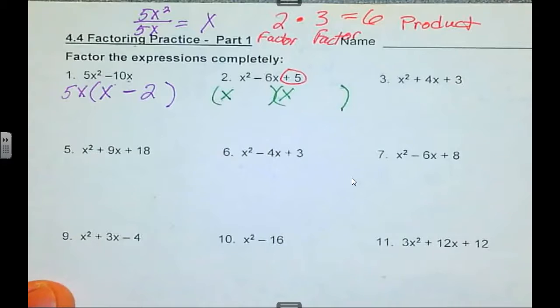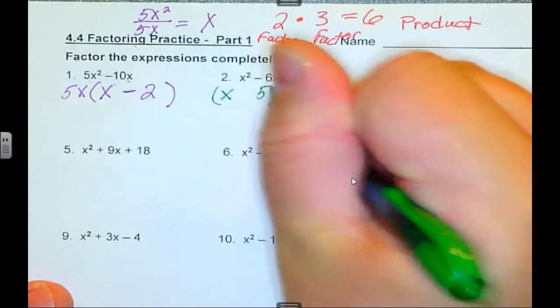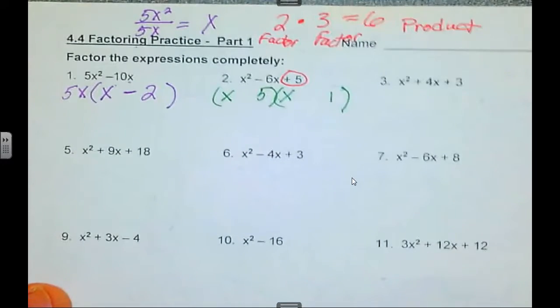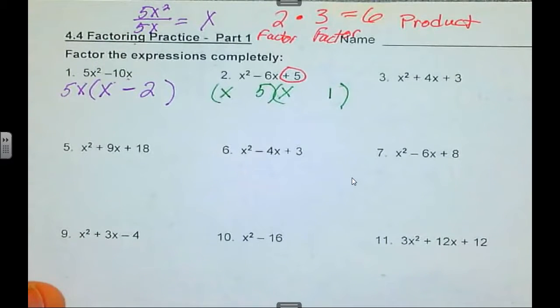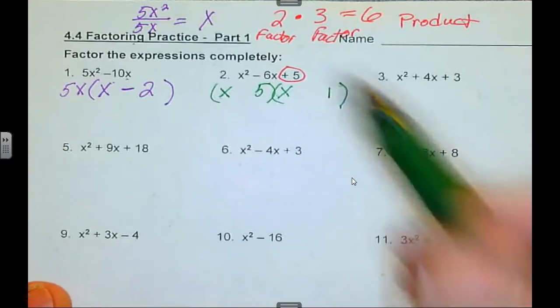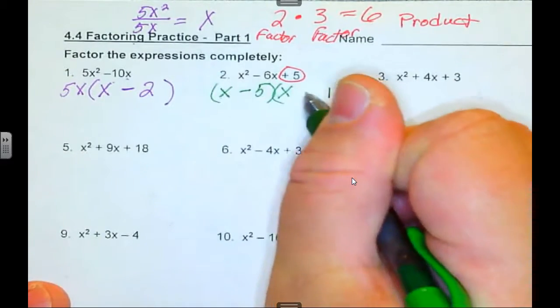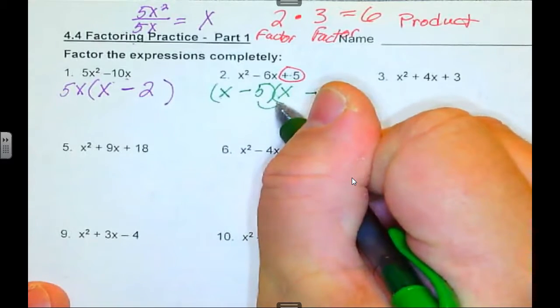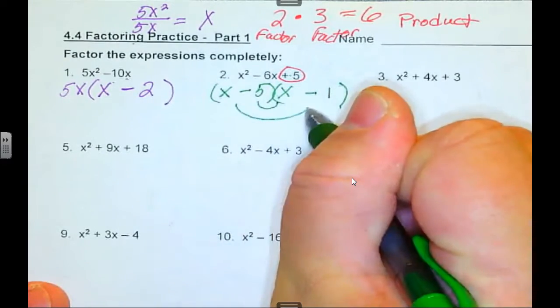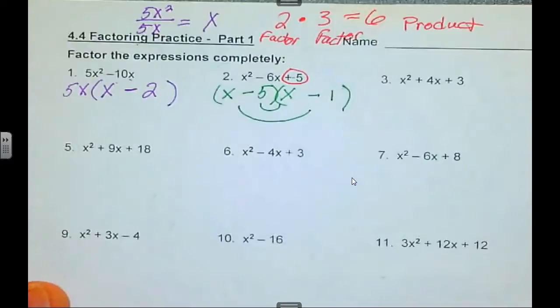I don't have a choice because it's a prime number. 5 and 1. And they have to add up to negative 6. Both be negative. Negative 5 times negative 1 is positive 5. Negative 5x plus negative 1x is negative 6x. So that's my factored form.